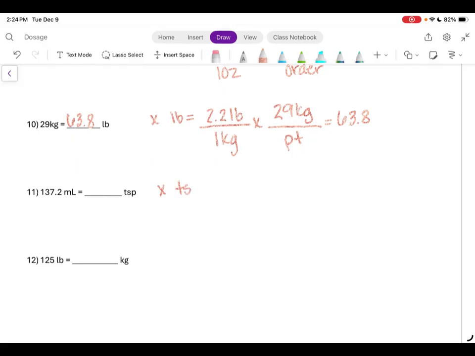Here we're looking for teaspoons. I know that there's 5 milliliters in a teaspoon, and I know that from my conversion sheet. Oops. I did that backwards. Okay. 1 teaspoon is 5 milliliters. Okay. And 137.2 is my order.